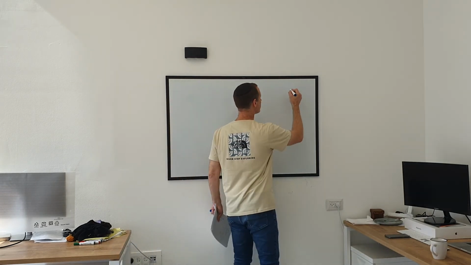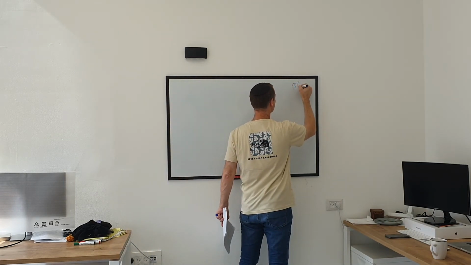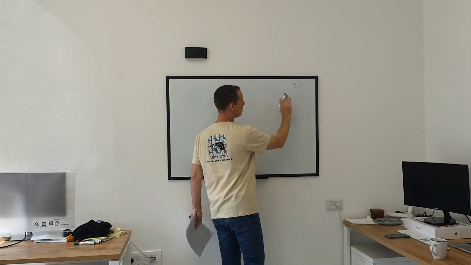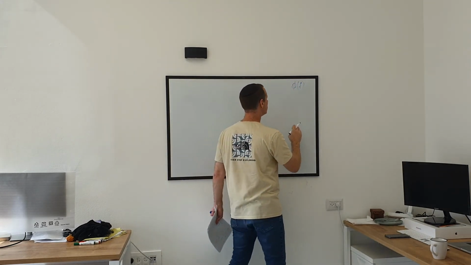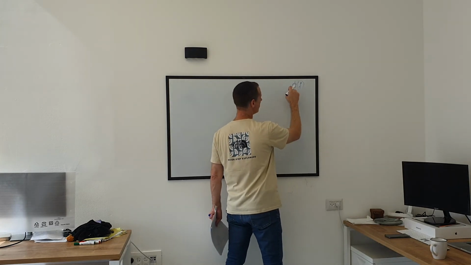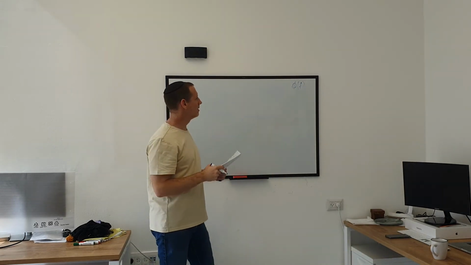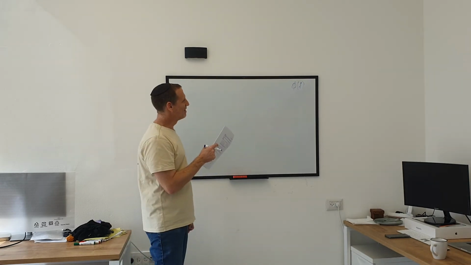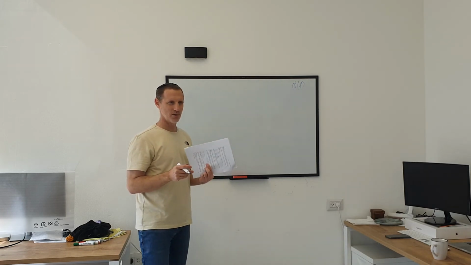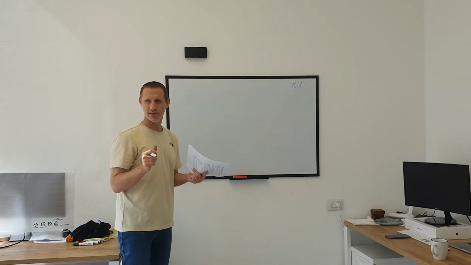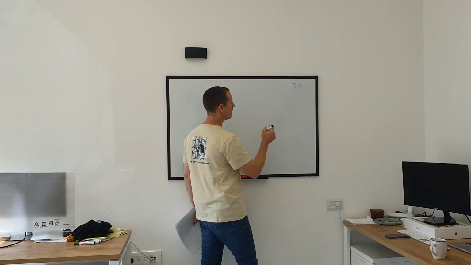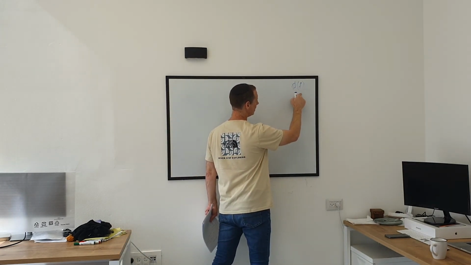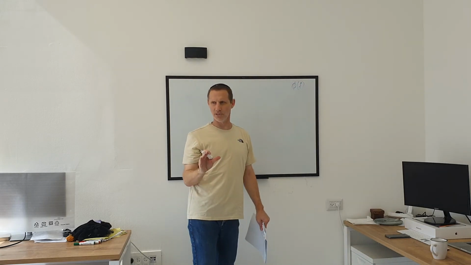I'm just going to introduce, and this is worth a whole session, a function that we mark with phi. Phi of f is Euler's totient function. What does it count? Assume that f is a positive integer.